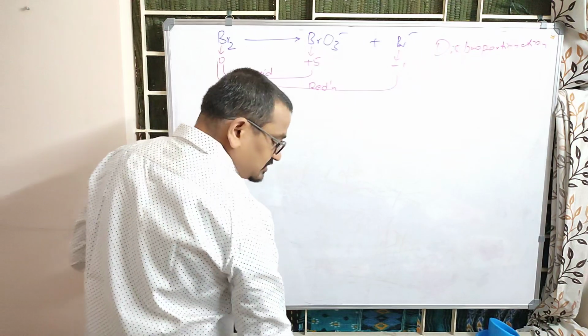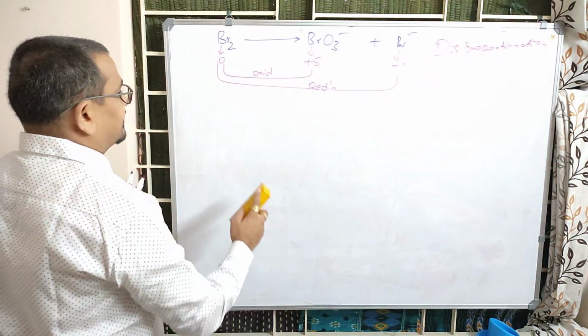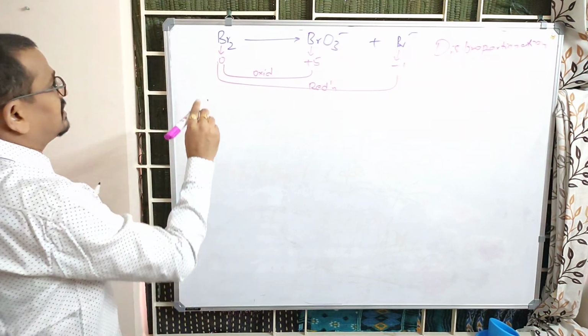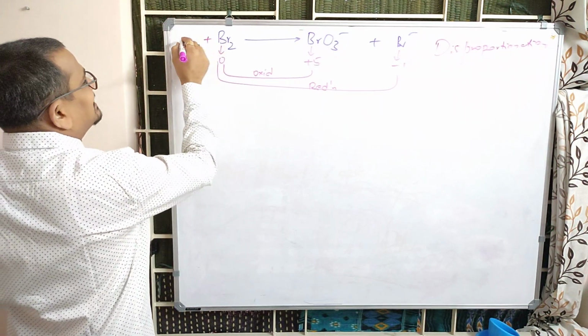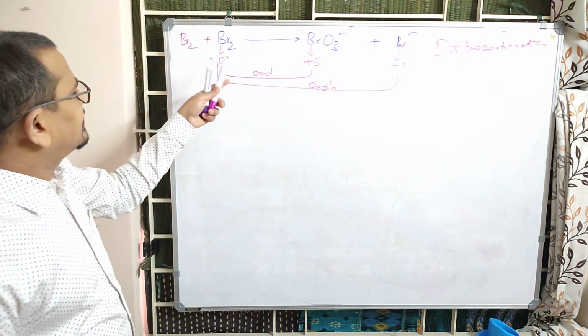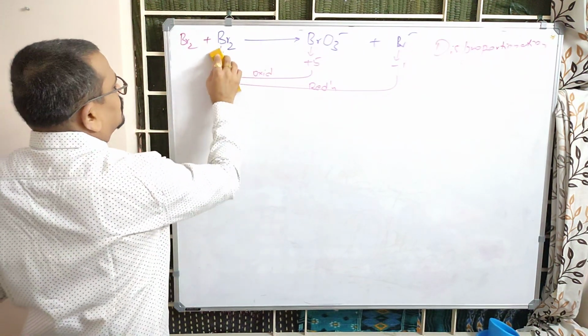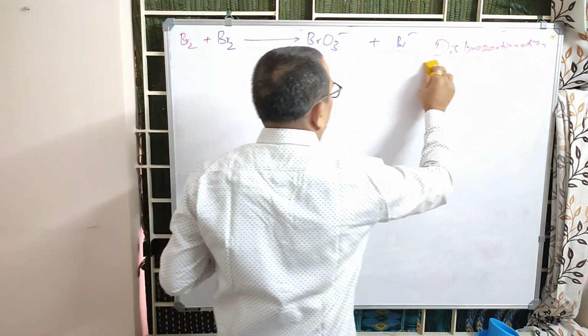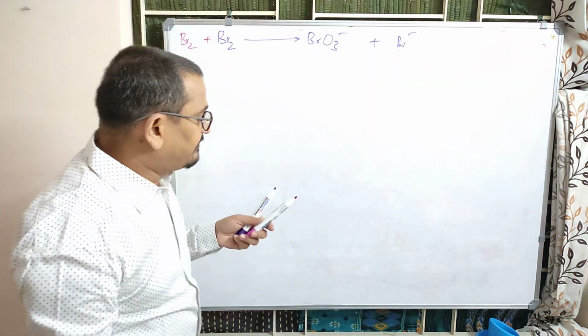Now, using these oxidation numbers and their difference, we can divide the given equation into oxidation half as well as reduction half. As it is the same bromine, we can take 2 bromines at a time, because we can cancel it later by 2. So, one bromine is oxidized, one bromine is reduced. Now, let us divide the given equation.